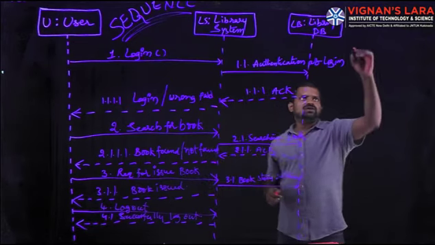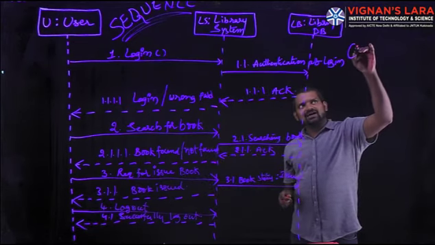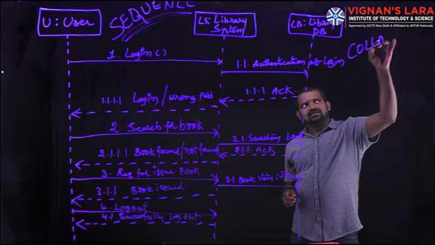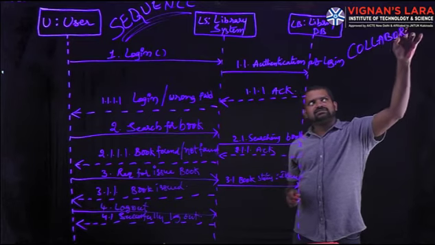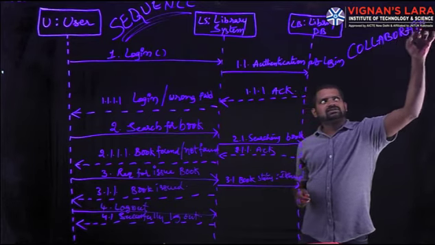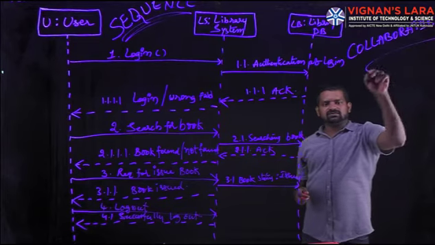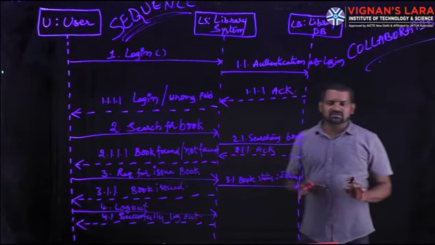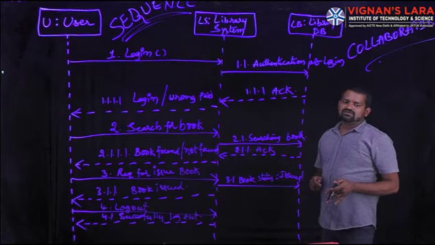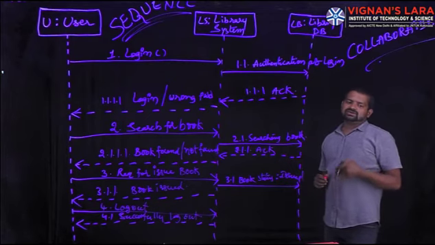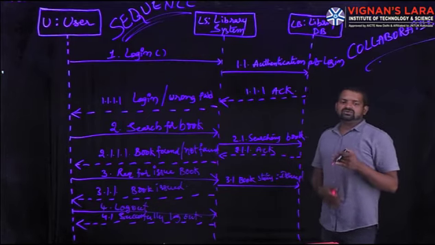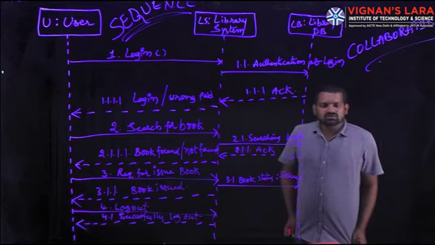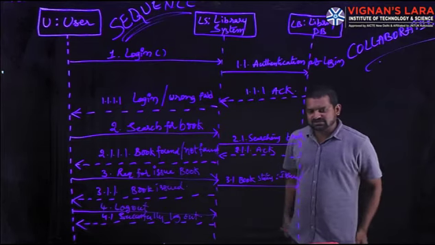So now we have to draw the collaboration diagram. In the Rational Rose software, while creating a sequence diagram, you don't need to create the collaboration diagram separately.